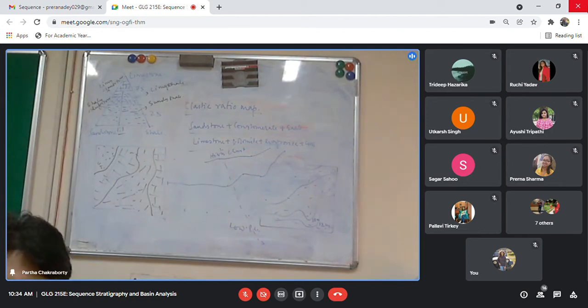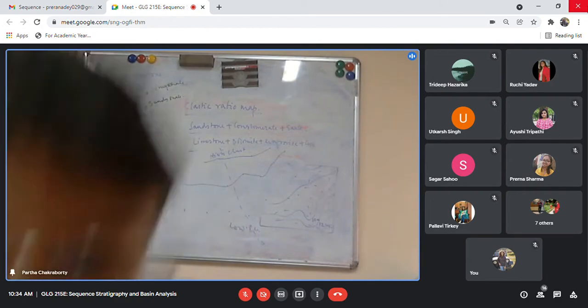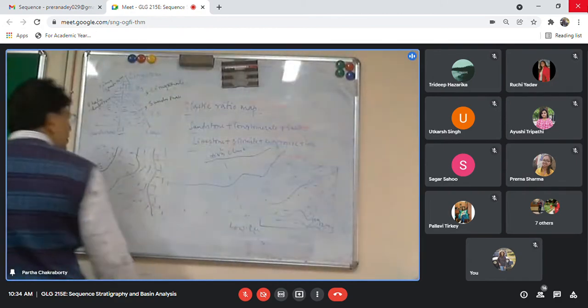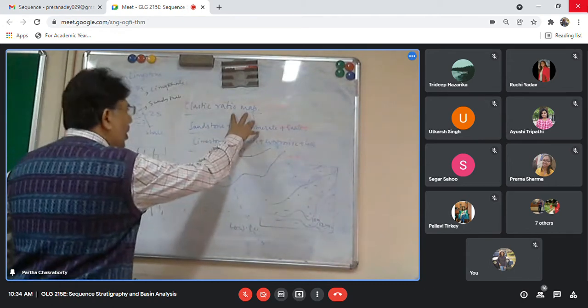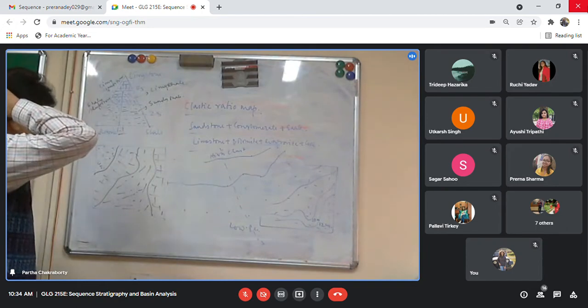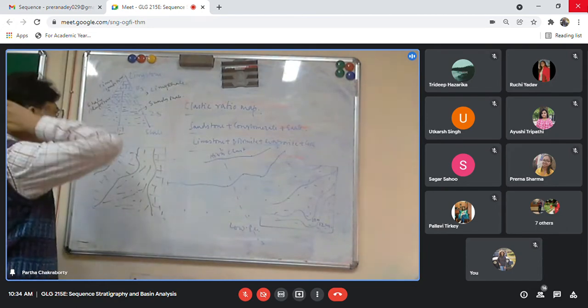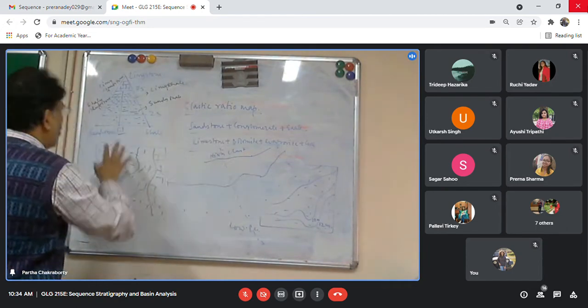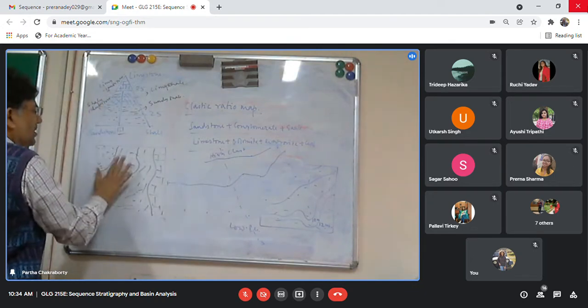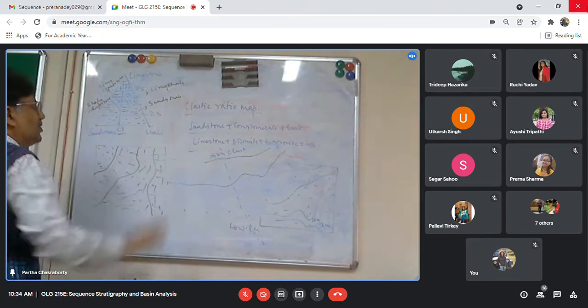Have you drawn it? Yes, sir. Okay, so I think you got what I am trying to say: whether I do a clastic ratio or I categorize the different blocks in terms of the triangular diagram, and understand which lithology is of which type, this is what is called the lithofacies map.